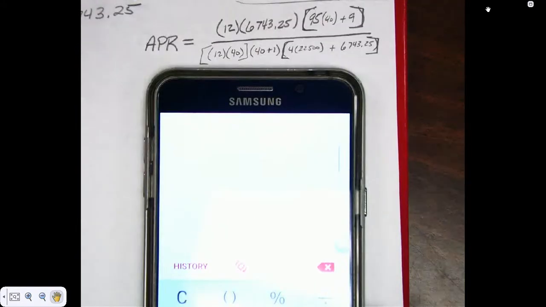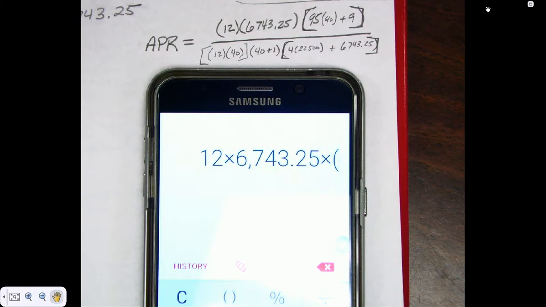But really, 12 times 6,743.25 times, then we use parentheses, then we put another set of parentheses, 95 times 40, close that set of parentheses, plus 9.